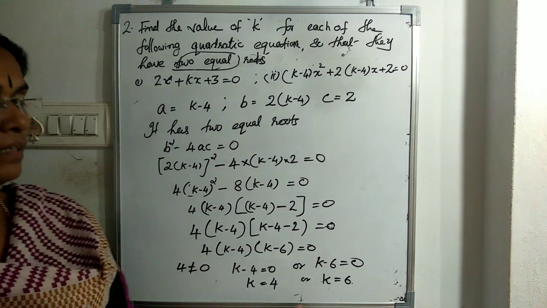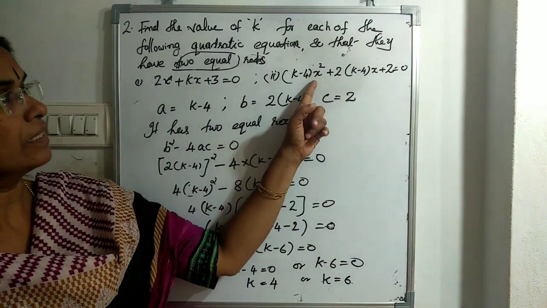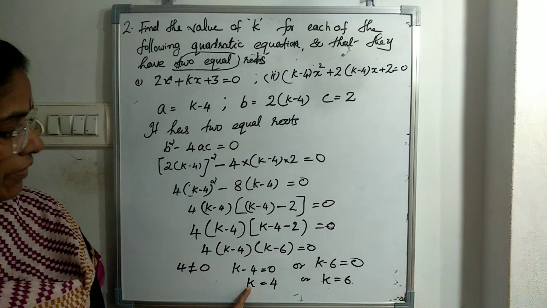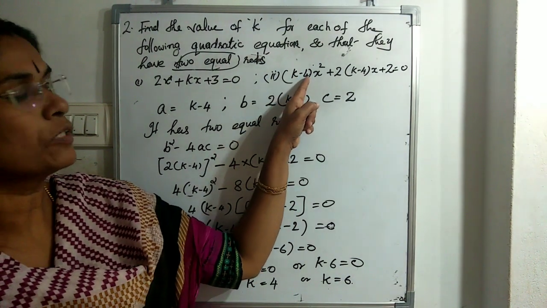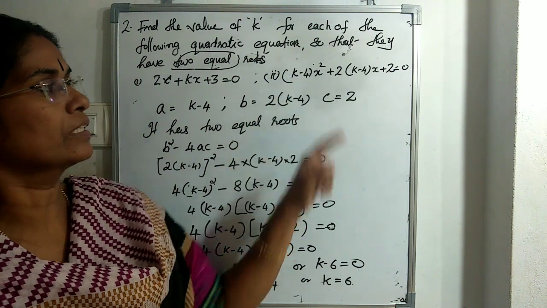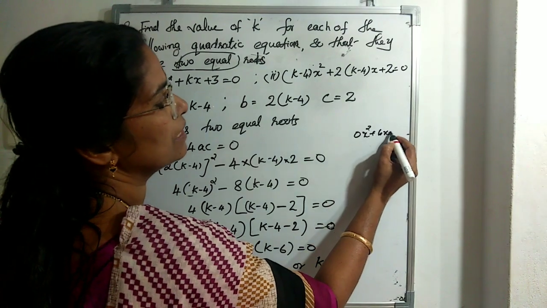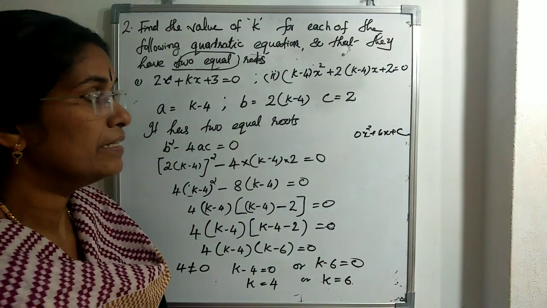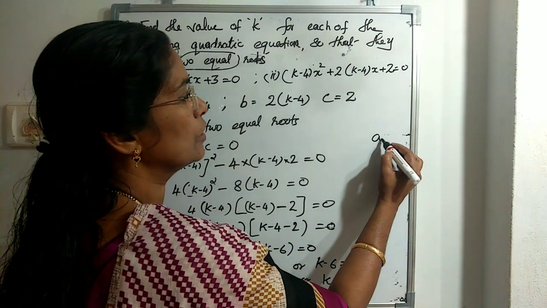Now we can check which value is suitable for our equation. This is the equation. See, when we are taking k equal to 4, here 4 minus 4 is coming. 4 minus 4 is 0. So 0x square plus bx plus c means it is not a general form. In general form, already we told a not equal to 0.